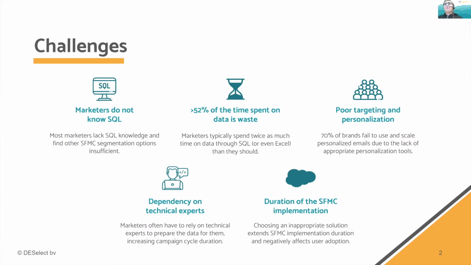A lot of time is spent on data management, such as Excel segmentation. There are a lot of possible solutions to segment your data in Marketing Cloud, but most of them are very time-consuming. Because of that, personalization and targeting becomes less relevant.